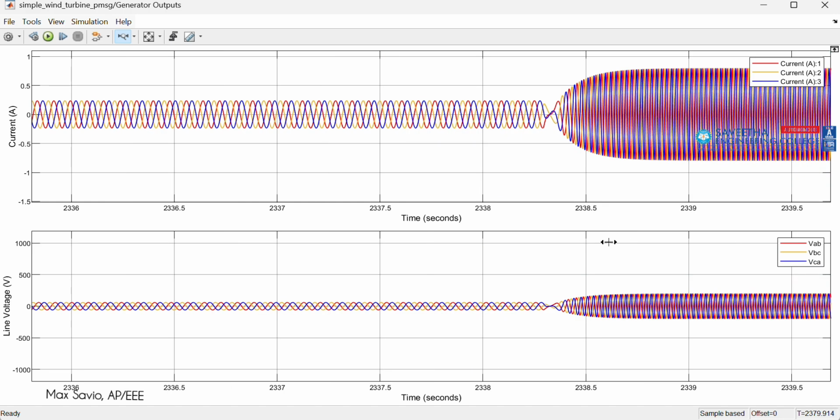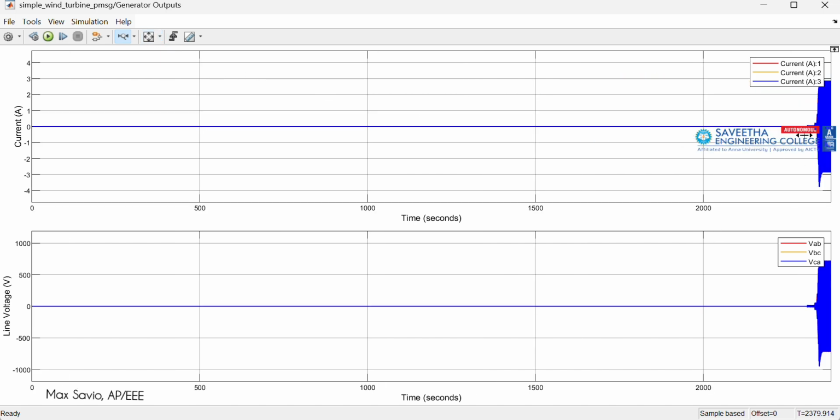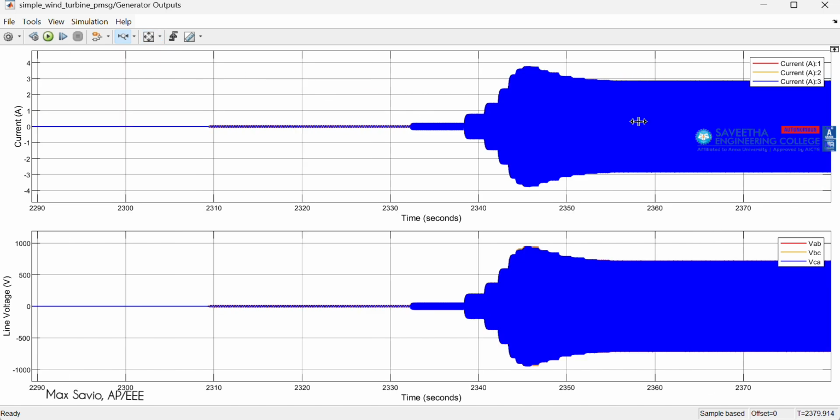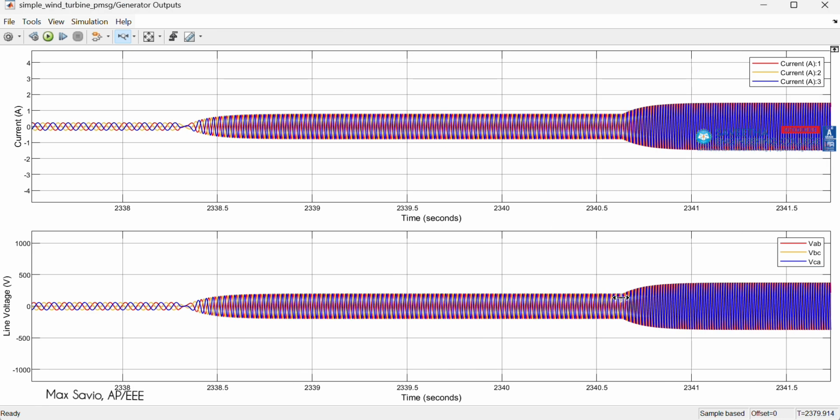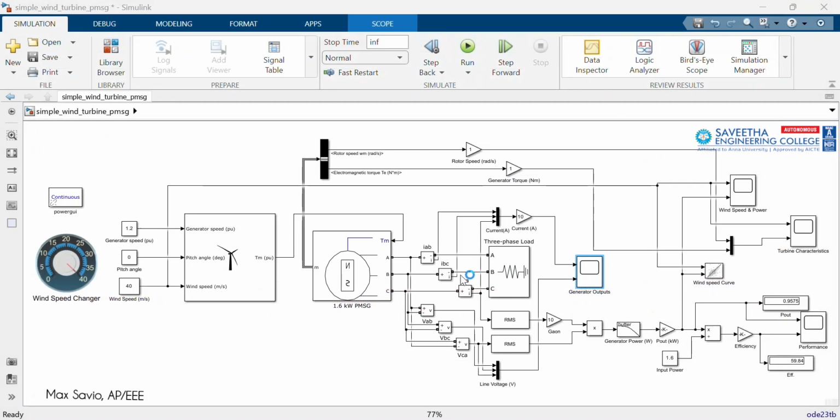That is due to various changes in the wind speed. You can see that the voltage and the current are changing in amplitude for the different wind speeds.